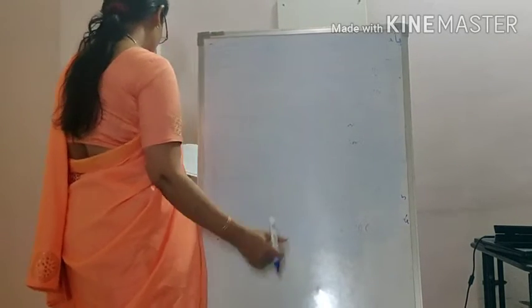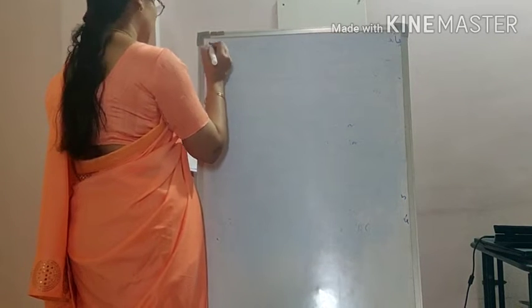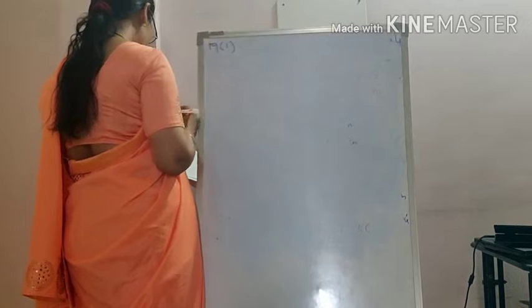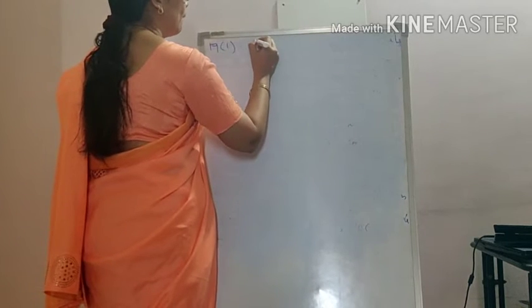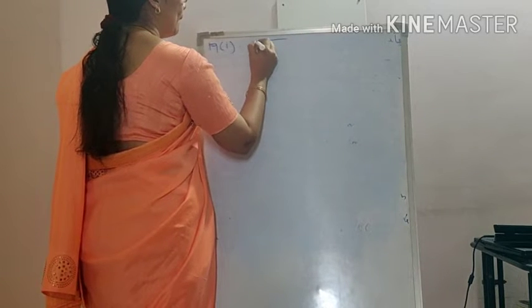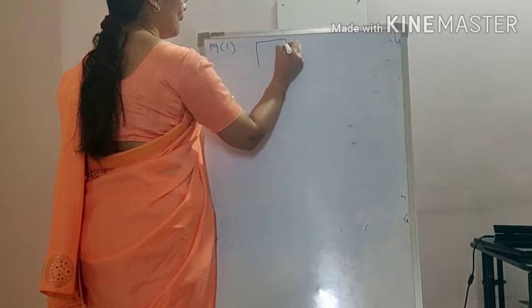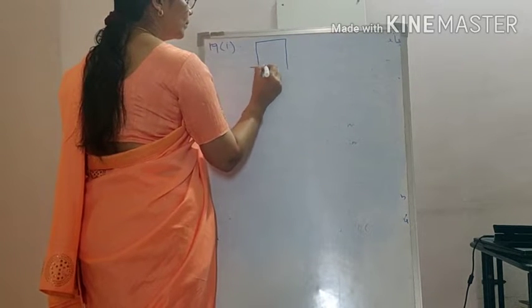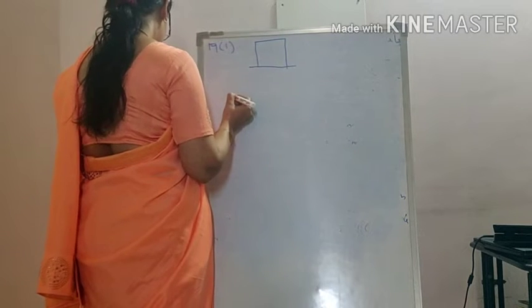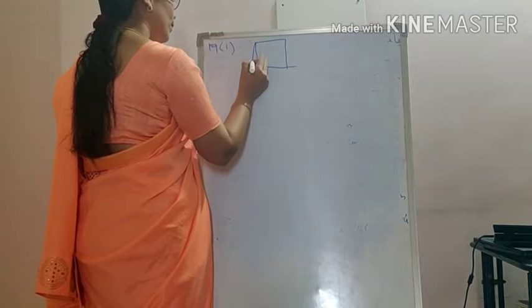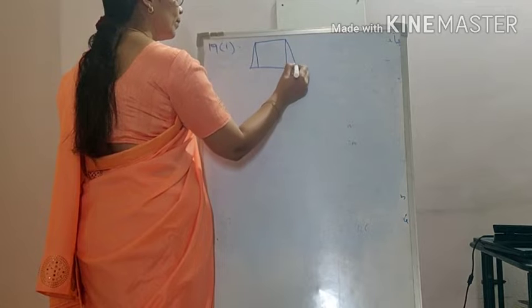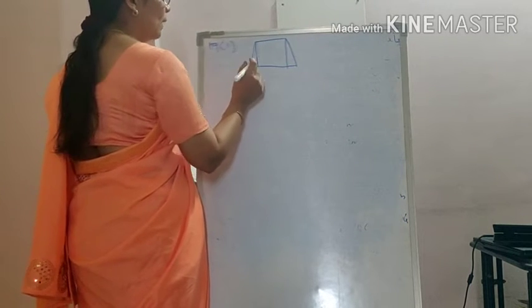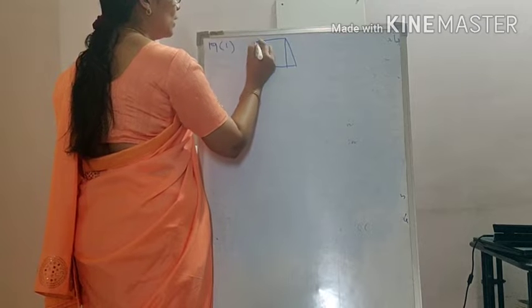In this is 19th one, first part. There is a figure drawn here. This he has given as a dotted line.